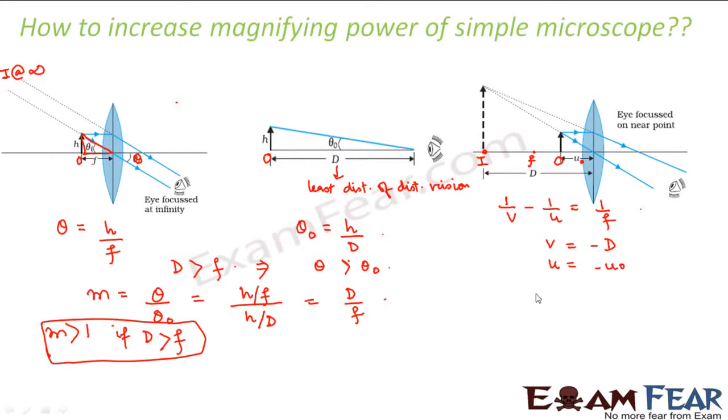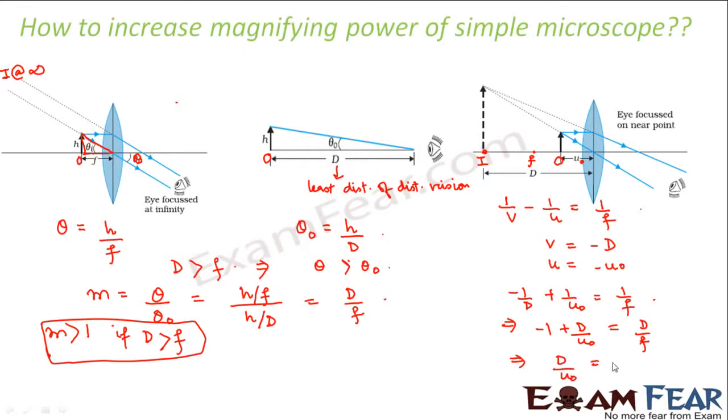Therefore, we can write minus 1 by d plus 1 by u naught is equal to 1 by f. Now, if I multiply d on both sides, we get minus 1 plus d by u naught is equal to d by f. Or we can say d by u naught is equal to 1 plus d by f.